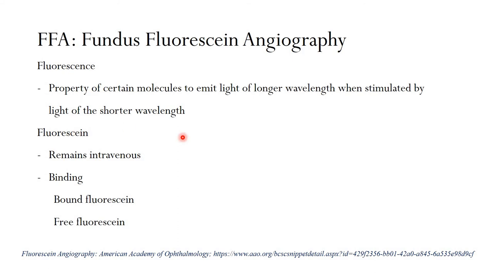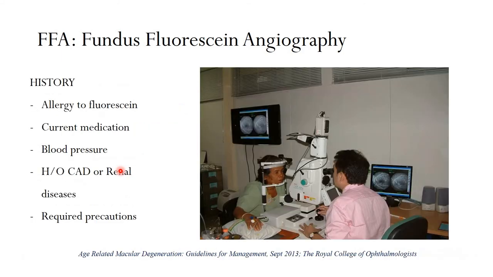So we all know fluorescein absorbs light of shorter wavelength and then emits a longer wavelength, so it helps in better imaging. We use it because it binds better with the blood, and it does not cross the blood retinal barrier.